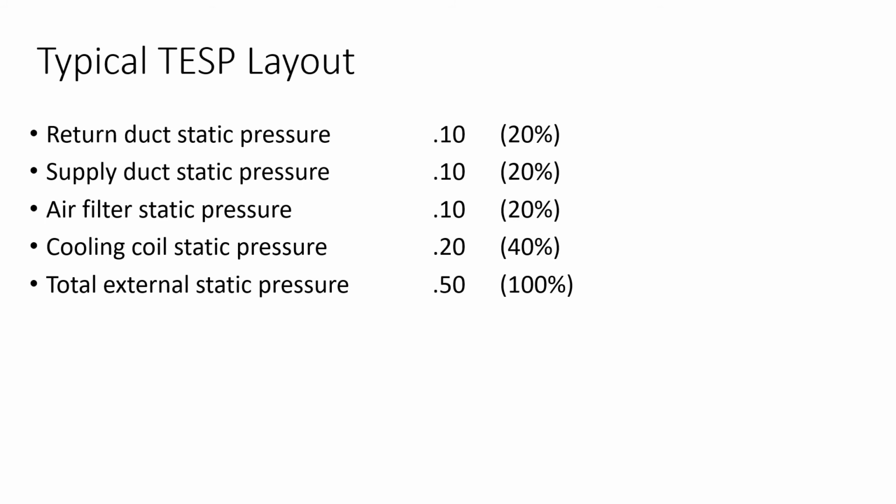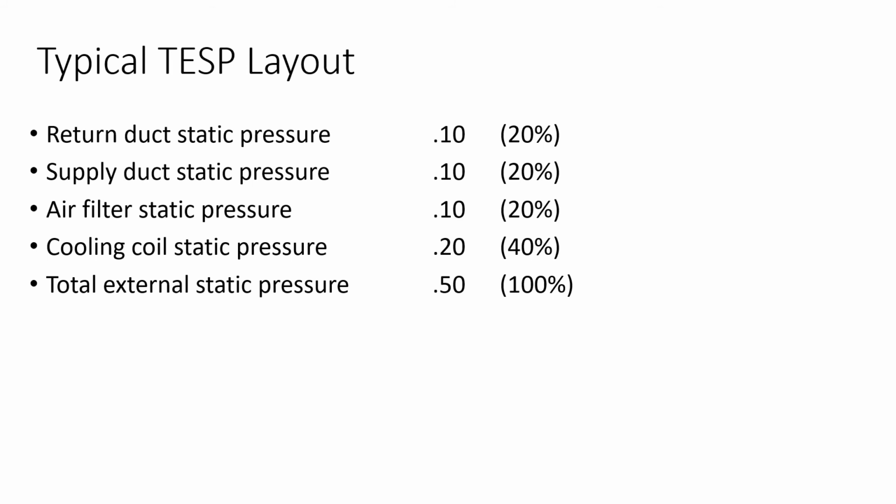Our air filter static pressure should be no more than 0.10, or 20% of your total external static pressure. And this is where we see a tremendous amount of variance out there in the field. A lot of times you'll run across air filters that are either the wrong material, they're too small, or a variety of different combinations of those things.